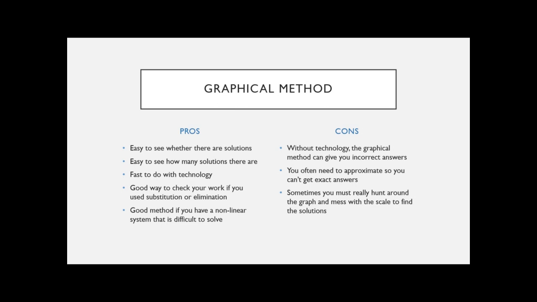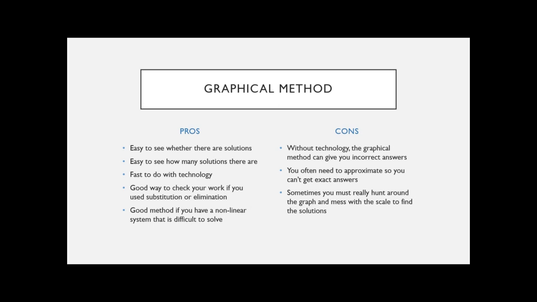The other con is that sometimes you can have answers that are decimals or square roots. When you graph it, you don't know the exact answer, you just get a decimal approximation. And that's a downside, because if you go in and check your work, it may not match exactly because it's not an exact answer.